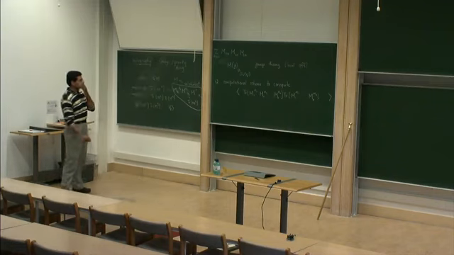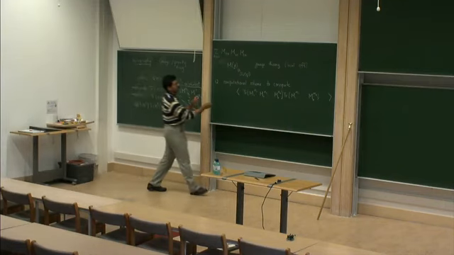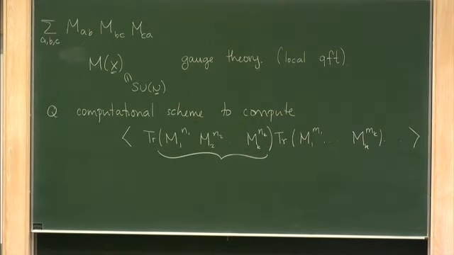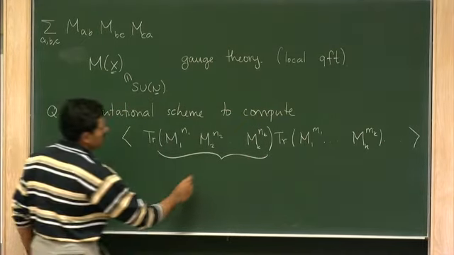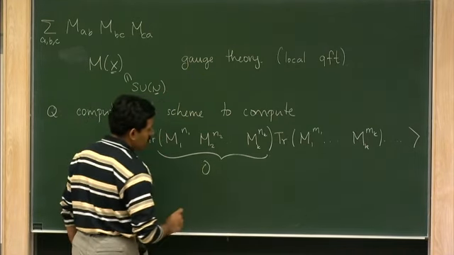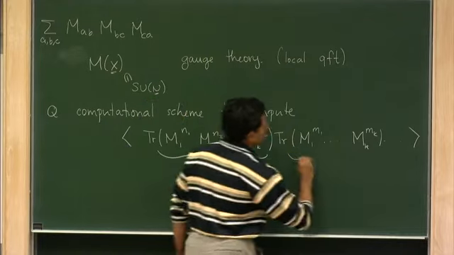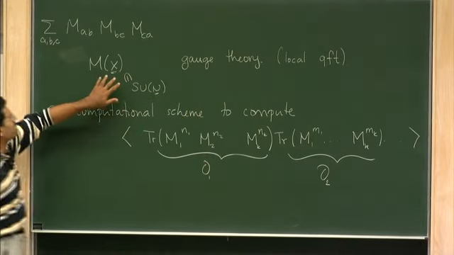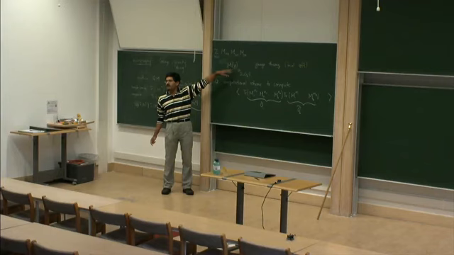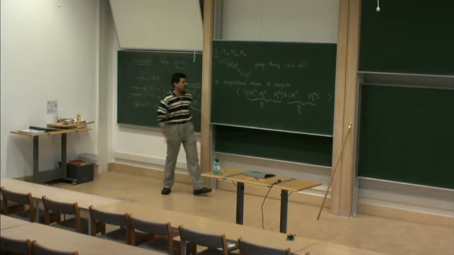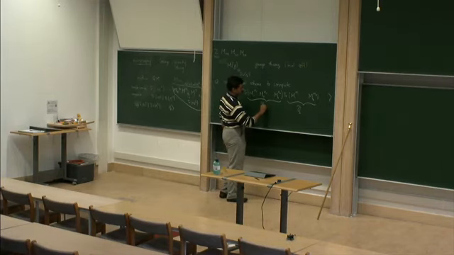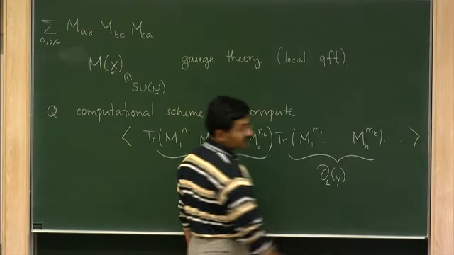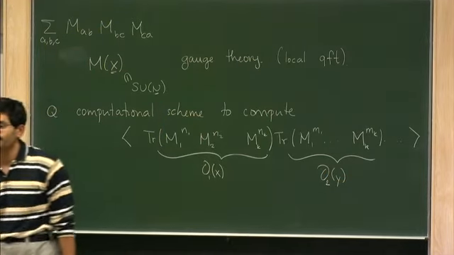Okay. Now, of course, these are going to depend. So if I call these my simple words, if I denote this by some O1, denote this guy by O2. In this generalized story where I have made my matrices depend on space and time coordinates, these operators are also functions of space and time, and we could insert them at different positions in space and time.